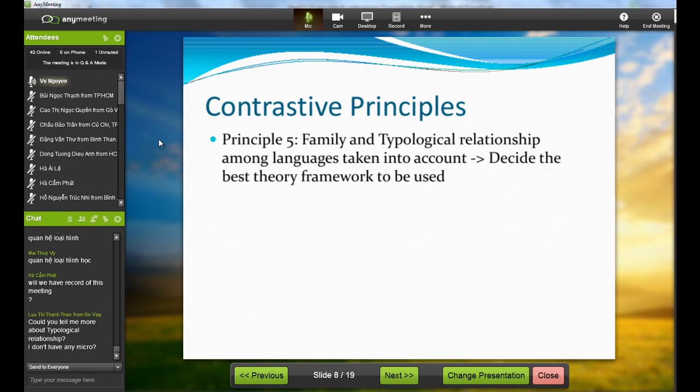For example, in terms of typology, Vietnamese belongs to the isolating typology, and English belongs to the synthetic typology group.